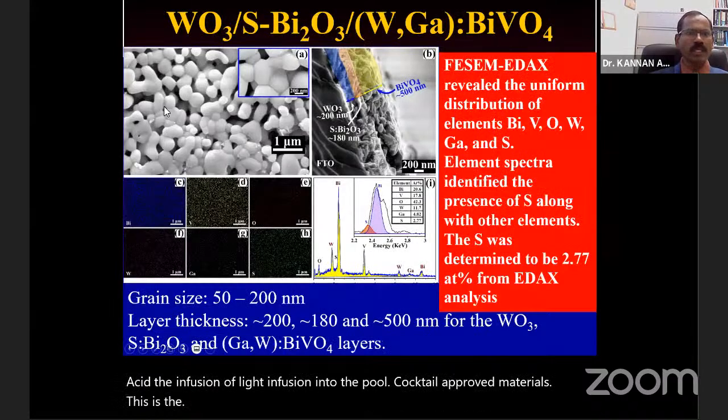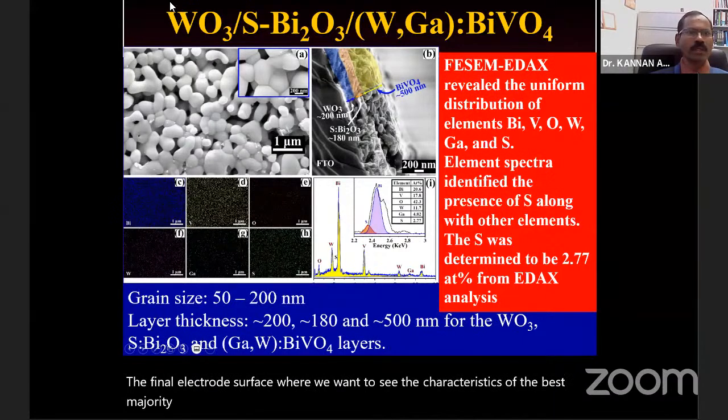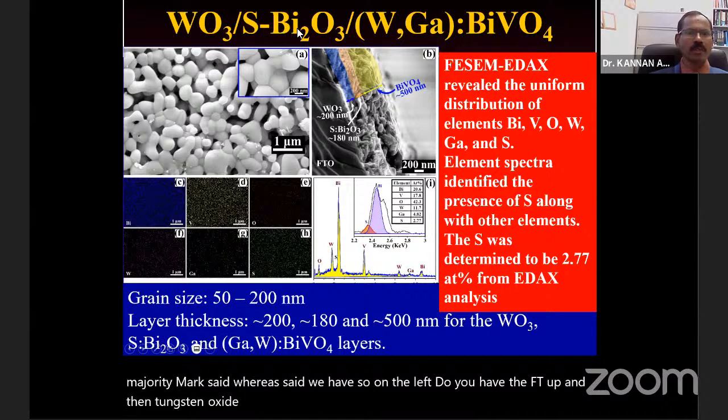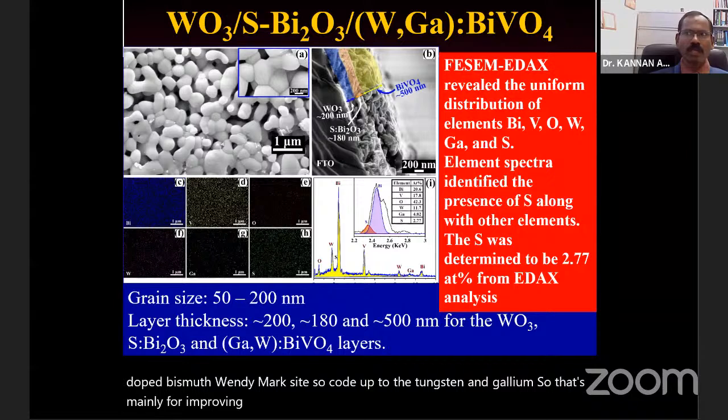This is the final electrode surface where we want to see the characteristics of the bismuth vanadium oxide. As I said, on the left you have the FTO, then tungsten oxide and sulfur doped bismuth oxide, and it's a co-doped bismuth vanadium oxide, co-doped with tungsten and gallium. That's mainly for improving the light absorption characteristics or to expand the light absorption band.